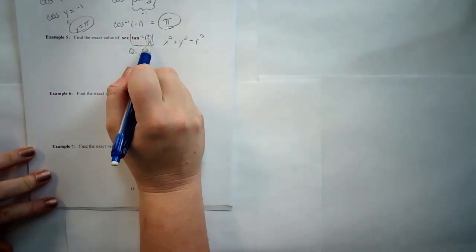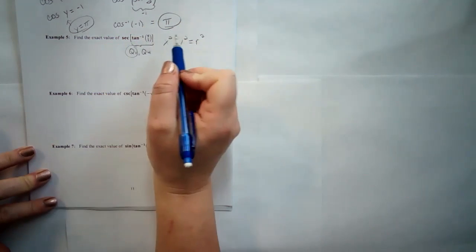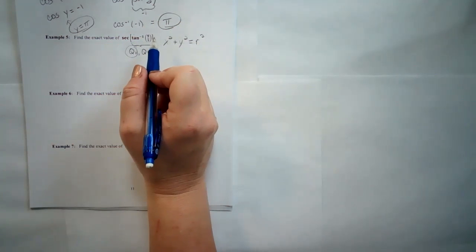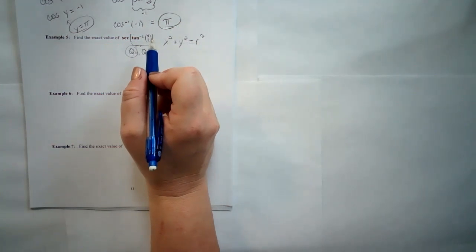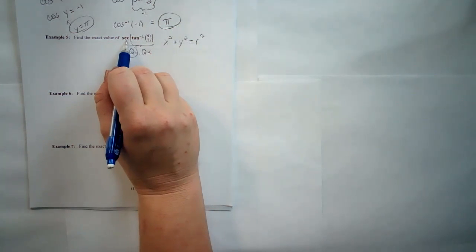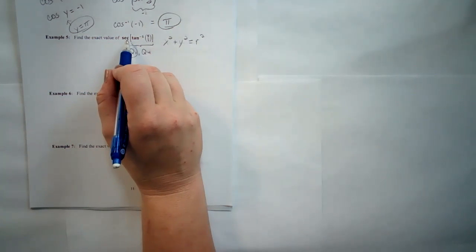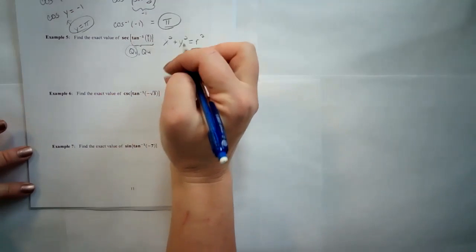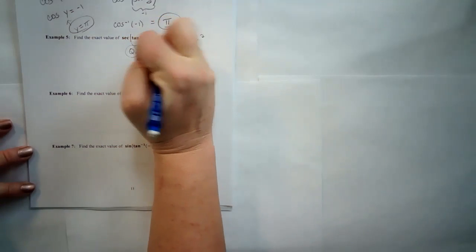Since this is positive, what quadrant am I in? Quadrant 1. That's important because we just need to make sure that we know x is positive and y is positive. I know we're going to square them anyway, but then when we recreate secant, that's when we need that information.